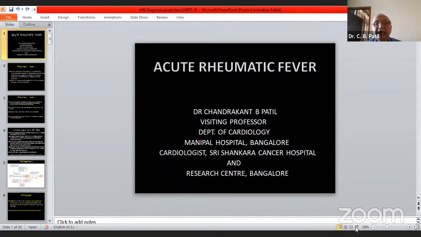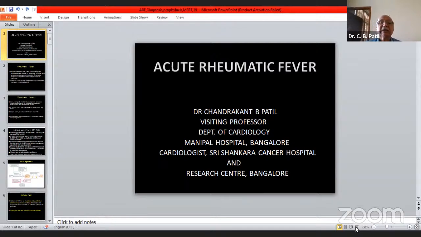It's due to a delayed immune response. And there are various types of streptococci. What are more common to cause acute rheumatic fever are M types like 3, 5, 6, 14, 18, 19, and 24.